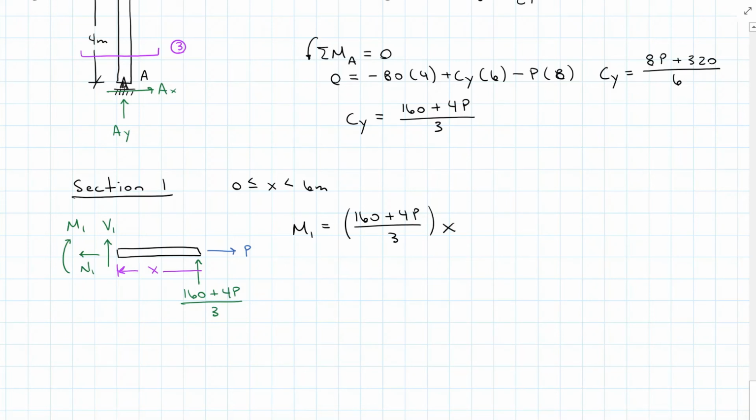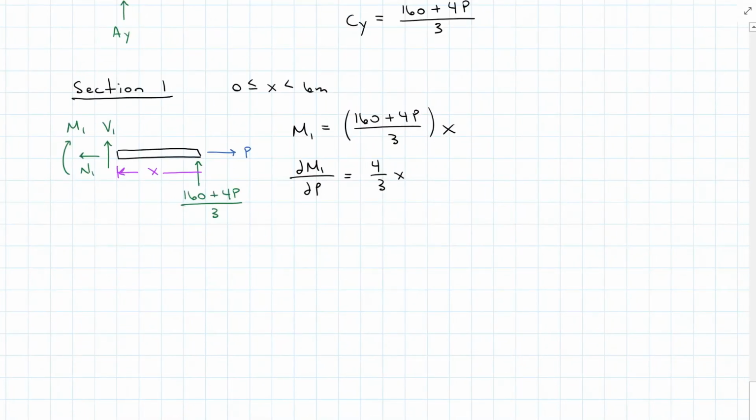And if I take the partial of moment 1 with respect to P, I get 4/3 x. P is really equal to Cx. Therefore, my moment 1 equation is equal to 160x plus 4Cx divided by 3.